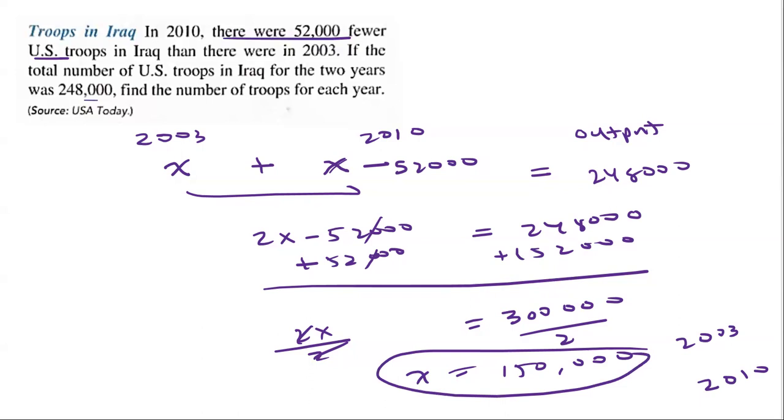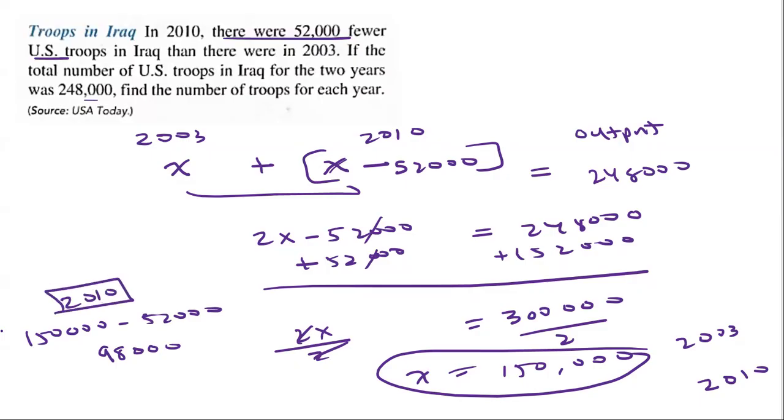Sorry, my bad. So 150,000 is what we have for X, minus 52,000. That gives us 98,000. So this is for the 2010 year.